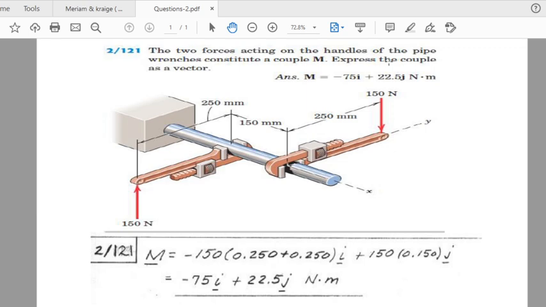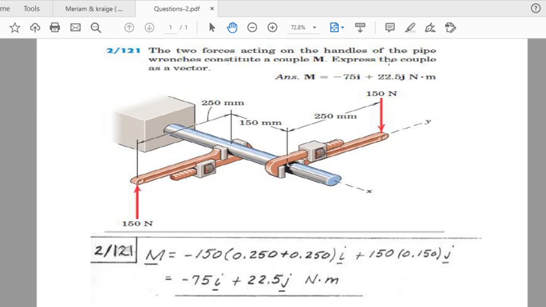For R bar, we have to select any convenient point on the line of action of one force, and any known point on the line of action of the other force, and then join these two in the direction of the force that we are selecting for calculating the moment.